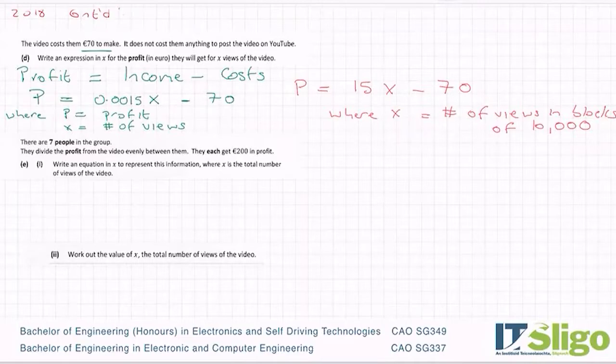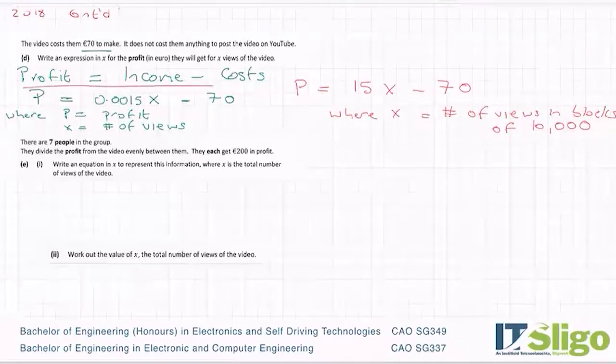Okay, there are 7 people in the group. They divide the profit from the video evenly between them. They each get €200 profit. Write an equation in X to represent this information, where X is the total number of views of the videos. Okay, well, there's our equation for profit.